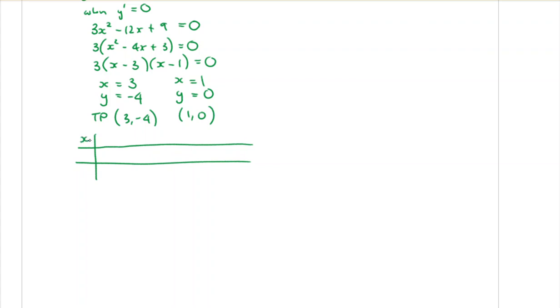The second row is going to be the gradient, y dash, because I want to see what is happening to the gradient around my stationary points. And then the bottom row is one that we're just going to call the slope, where we're just going to be drawing positive and negative slopes in there, and zeros.